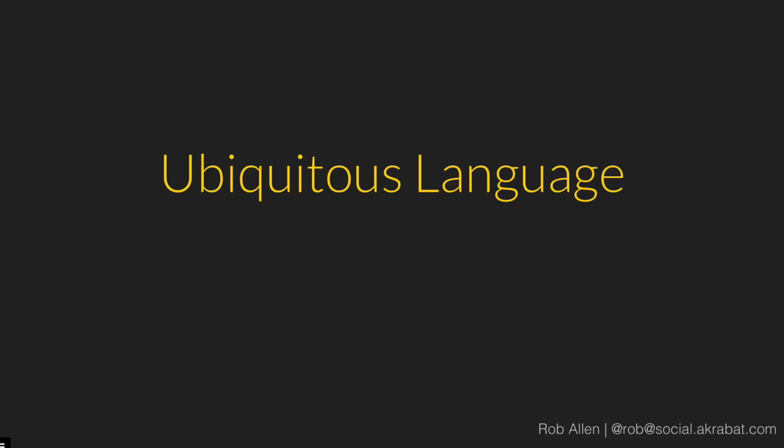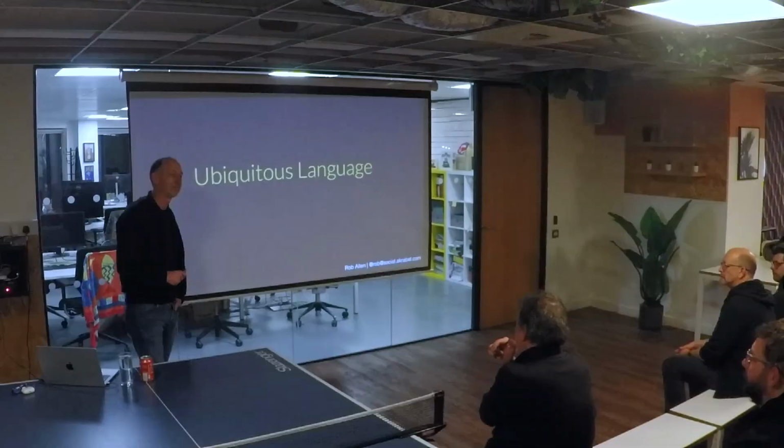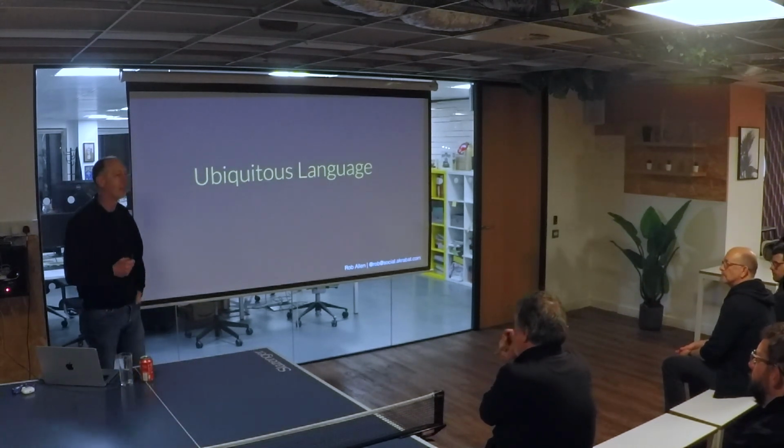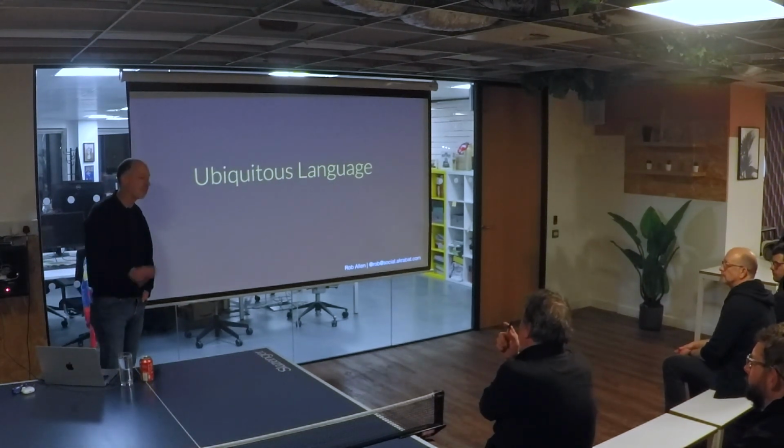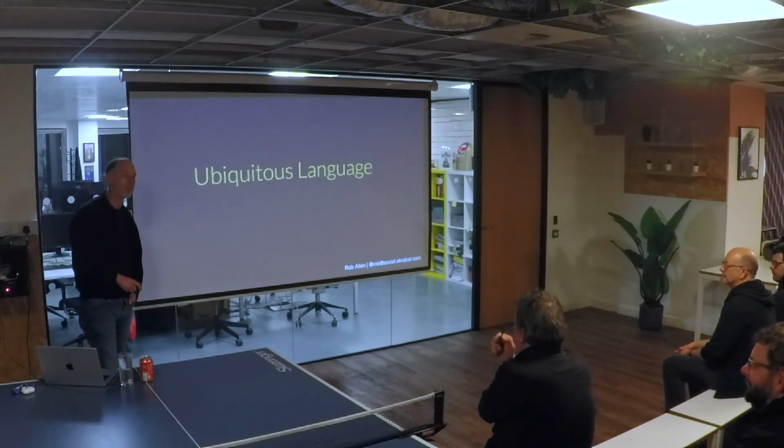And we do that through something called ubiquitous language, which is possibly the most important thing about domain-driven design. You could forget the rest of this talk if you just pay attention to this bit, because this is the bit that really, really makes a difference to the average software.